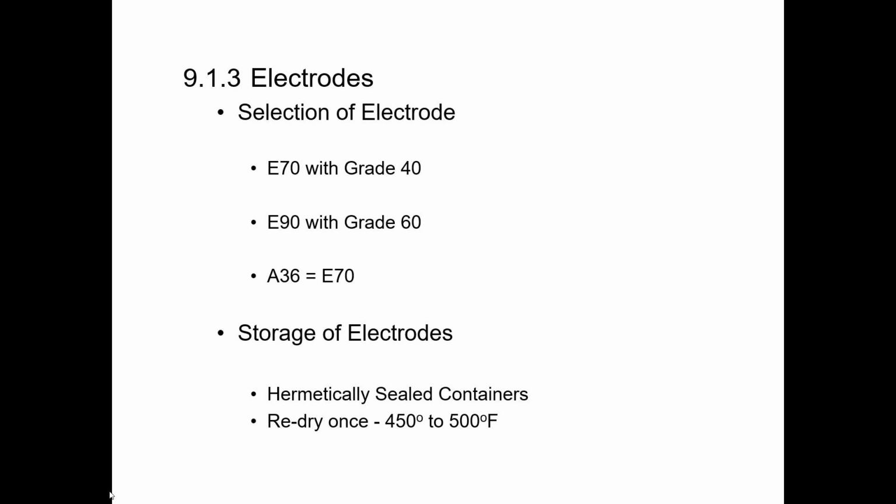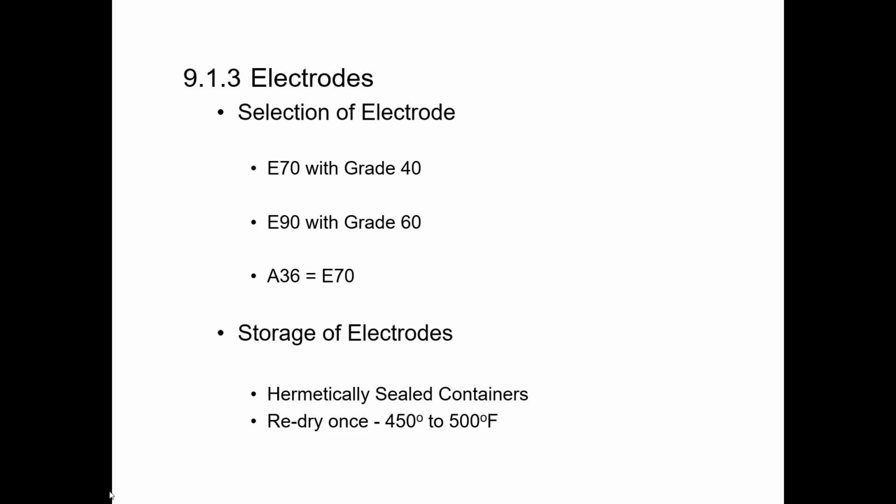The second sentence there, it says, it shows that E70XX electrodes must be used with grade 40 bars. Okay, so far so good. Then it says E80 electrodes with ASTM A706 bars, and E90 with grade 60.